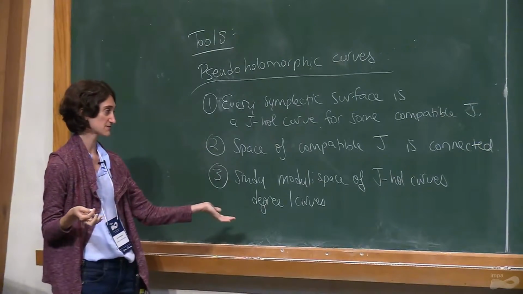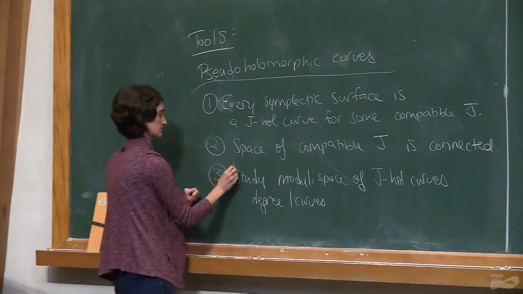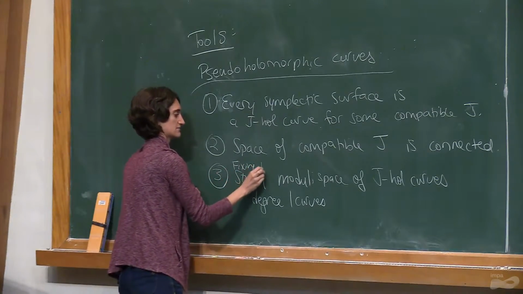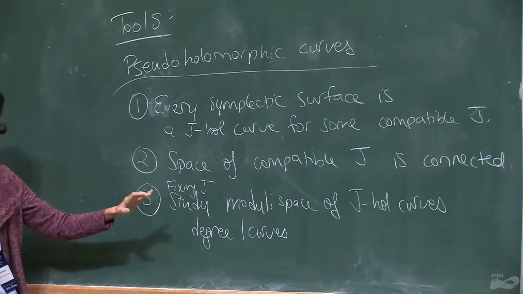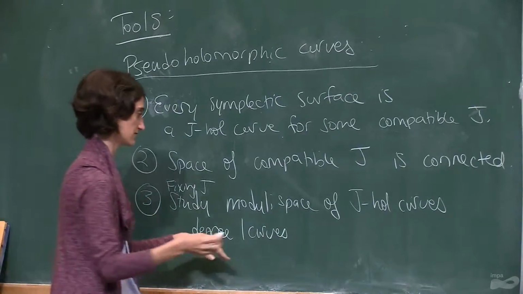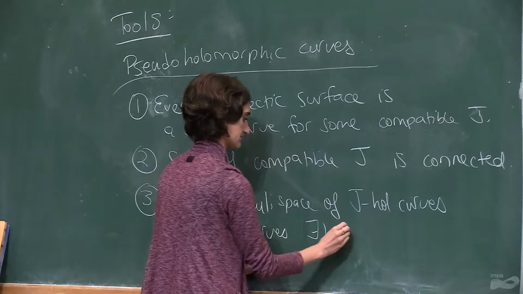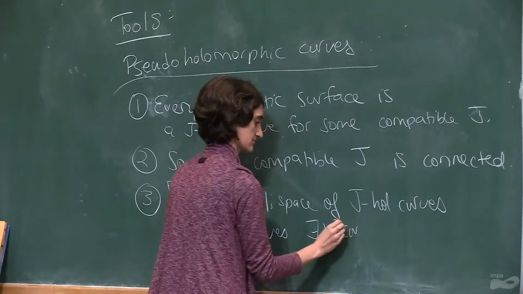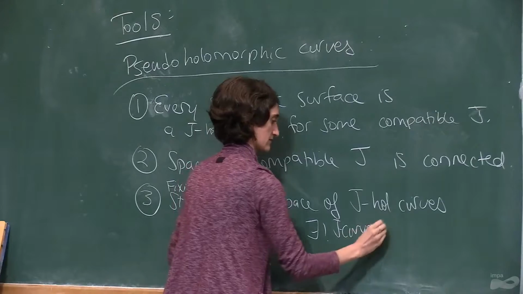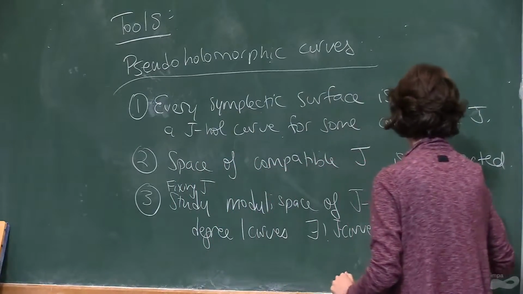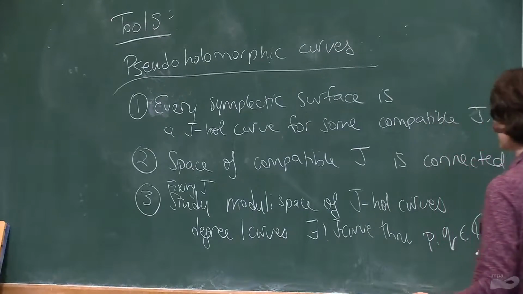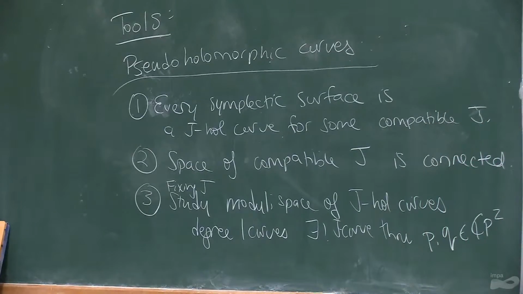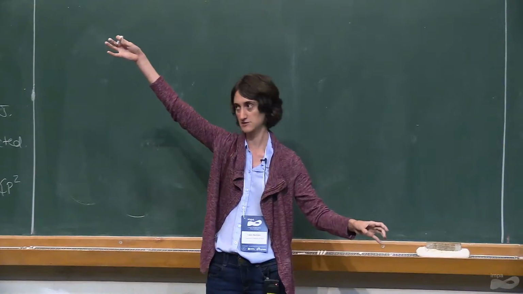So if I specify my J, fixing J, there's a unique degree 1 curve through every pair of points in CP2. So as soon as I pick my J, I pick 2 points, I've got my degree 1 curve.